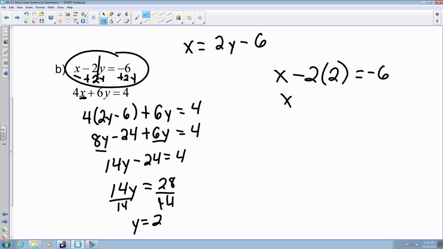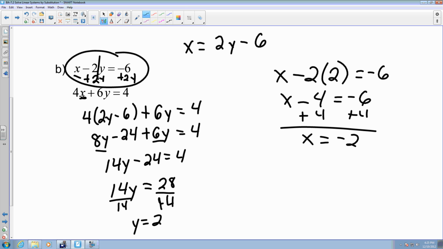So x minus 4 equals negative 6. And I'm going to add 4 to both sides, which gives me x equals negative 2. So my coordinates here are negative 2, comma 2. Negative 2 is x, 2 is y, and that is the intersecting point for those two lines.